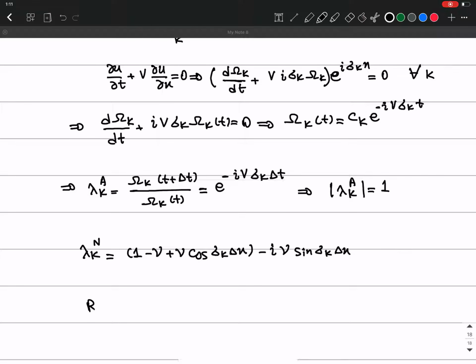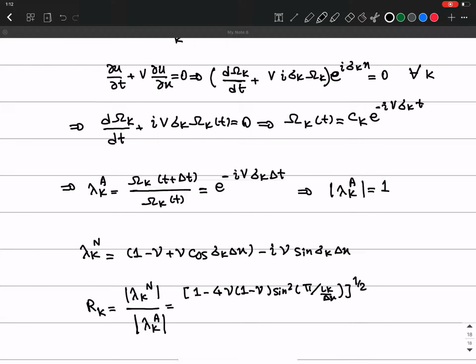And so R k, the amplification ratio that we wanted to find, is defined as lambda k numerical over lambda k analytical, which by some simplification is going to give me 1 minus 4 nu (1 minus nu) sine square of pi over Lk over delta x, and I'm going to define what Lk is, to the power 1/2, over 1, right?